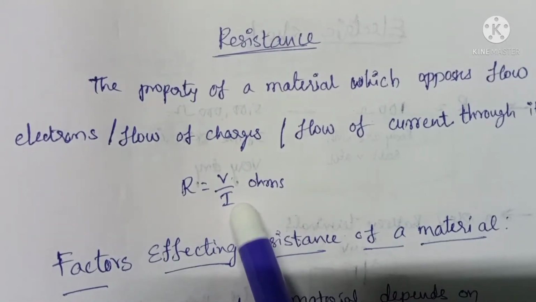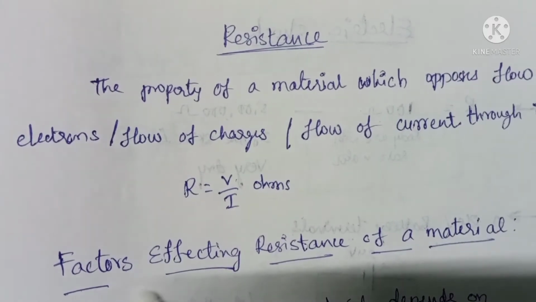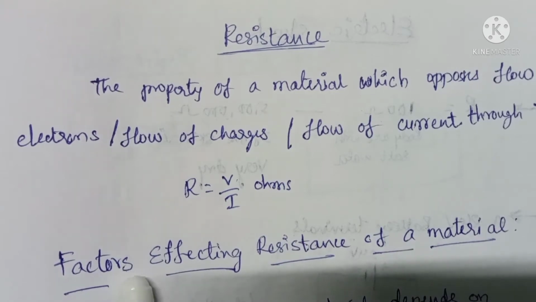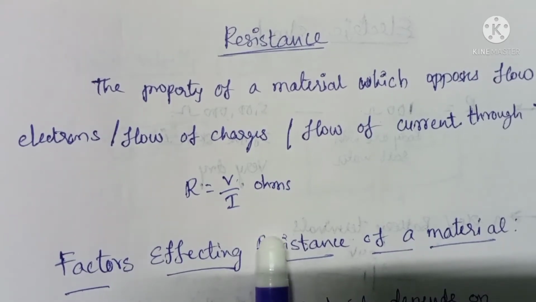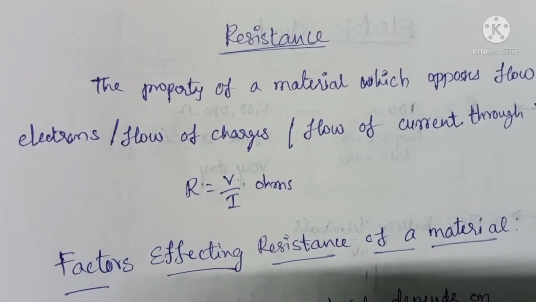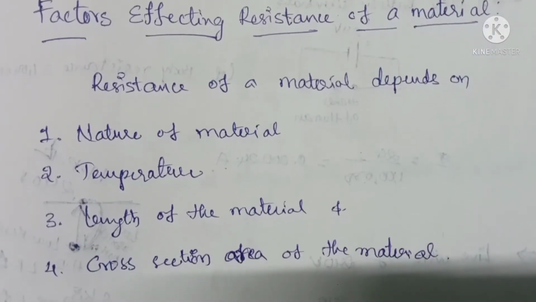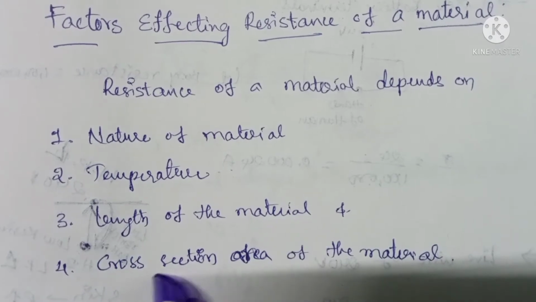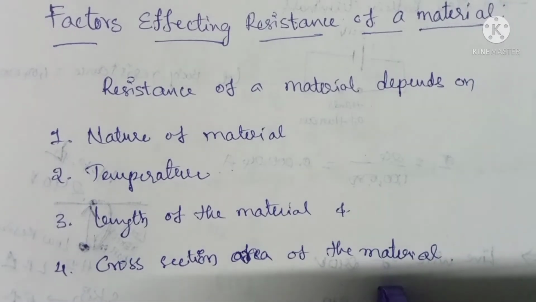through that material. There are some factors that affect the resistance of a material. That means if that factor changes, resistance also changes. Those factors are nature of a material, temperature, length of a material, and cross sectional area of the material.